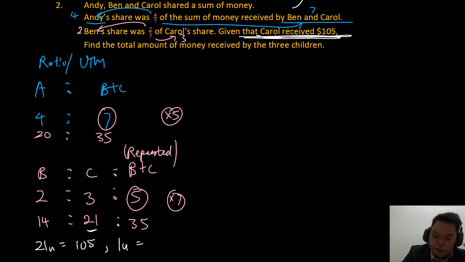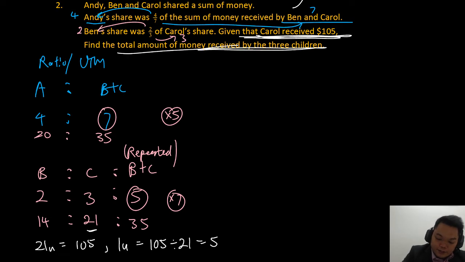So 1 unit is $105 divided by 21 to give you 5. Then you can find the total amount received by the 3 children. If you add them all up, the total will be 55 units. So 55 units will be 55 times 5.